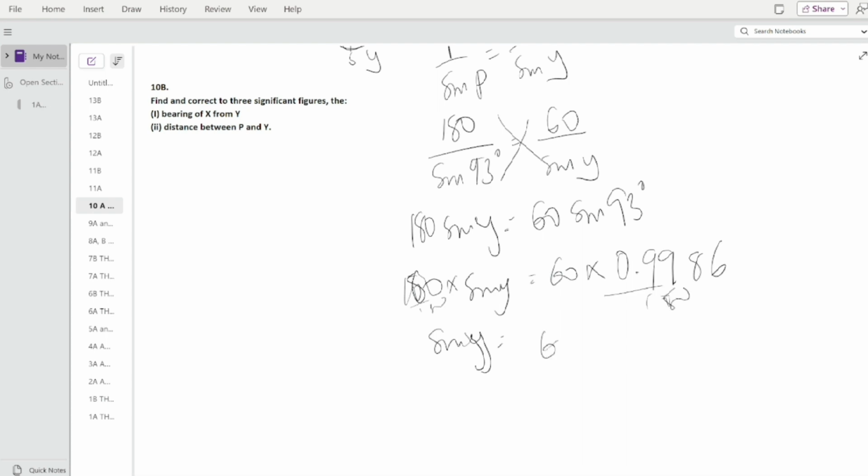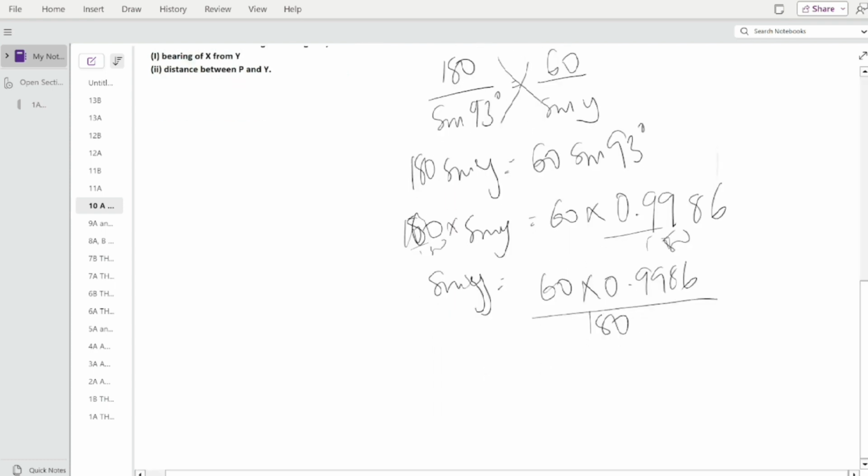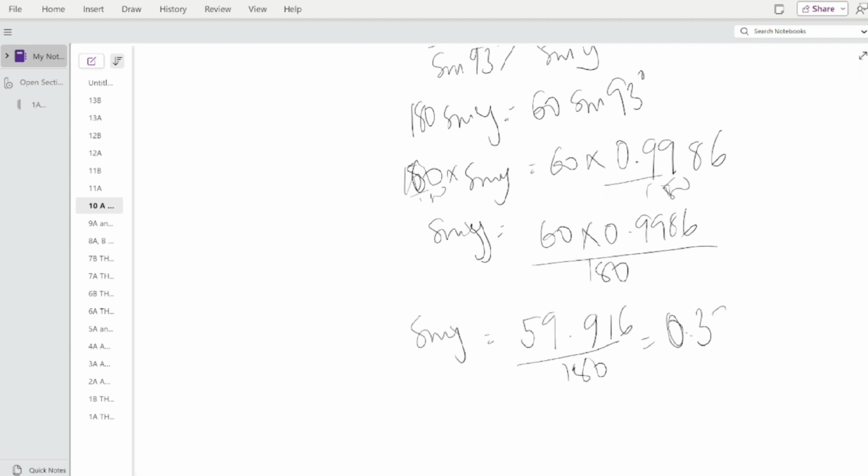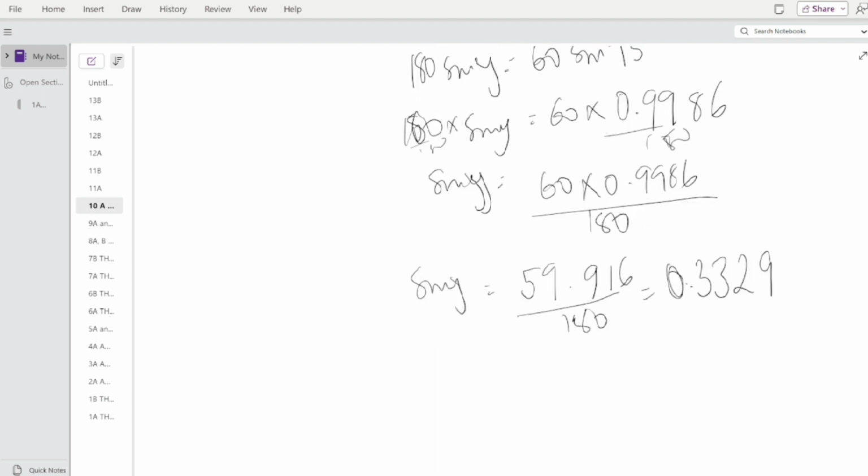Our sine Y will be 60 times 0.9986 over 180. 60 times 0.9986 will give you 59.916 over 180. 59.916 divided by 180 will give you 0.3329.